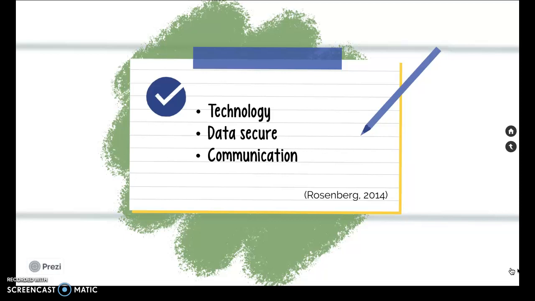Also, we need to make sure that any data or information that we have on students is placed in a secure location. And when we communicate with the adults in our students' lives, we need to make sure that the communication is appropriate and the proper people are being communicated with.